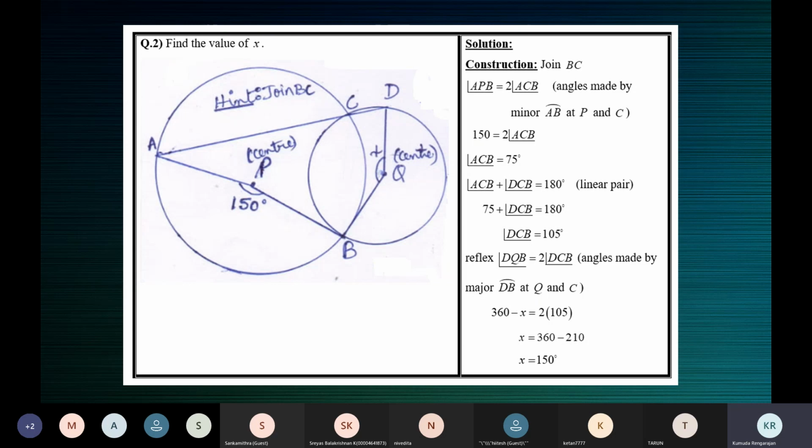P is the center of the big circle, Q is the center of the small circle. If a letter other than O is used, it will be given that it's a center. We cannot assume so.